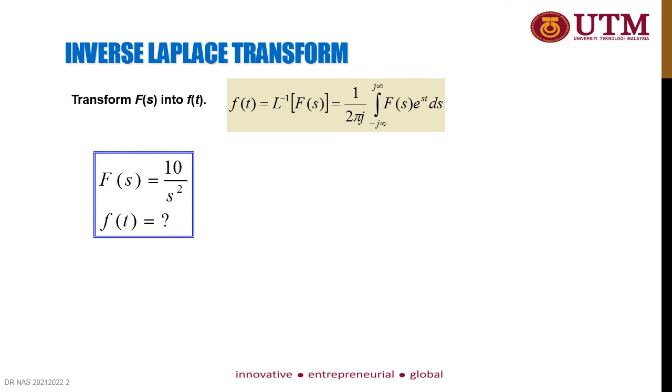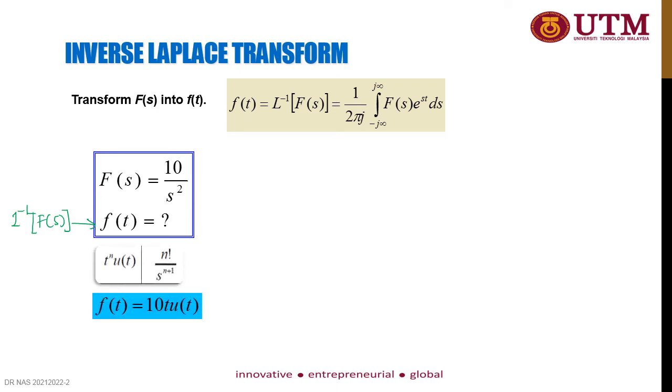Okay, so for example, you have F(s) equal to 10 divided by s squared. So what is your f(t)? To get f(t), you need to perform the inverse Laplace transform of F(s). Then you get the f(t). Now refer to the Laplace transform table.